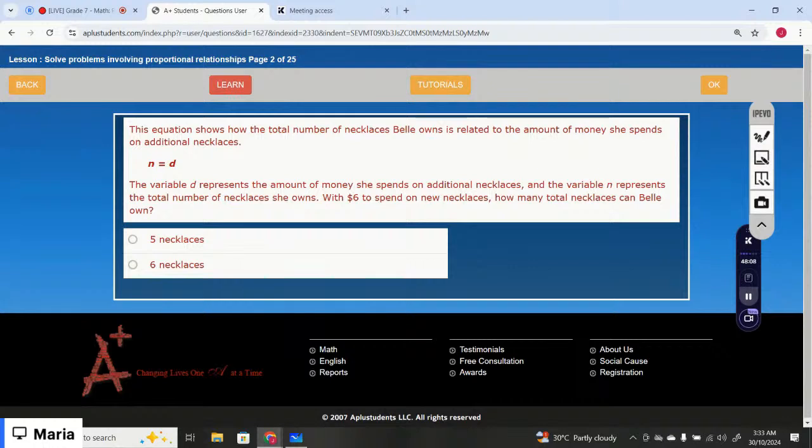So then n equals 6, that is 6 necklaces. Option number 2 is the correct option.